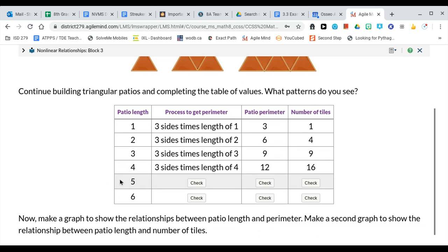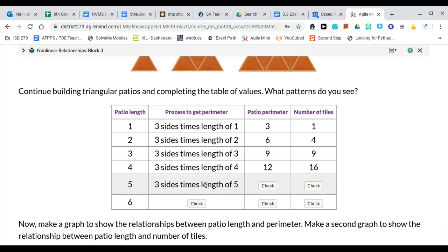So I'm guessing 5 would be 3 sides times the length of 5. Then I know that I could get the patio perimeter by doing 3 times 5. So I know 3 times 5 is 15. Now, if I'm going to look at this pattern here, it goes 1, 4, 9, 16. Well, I'm going to look at this row and this row.